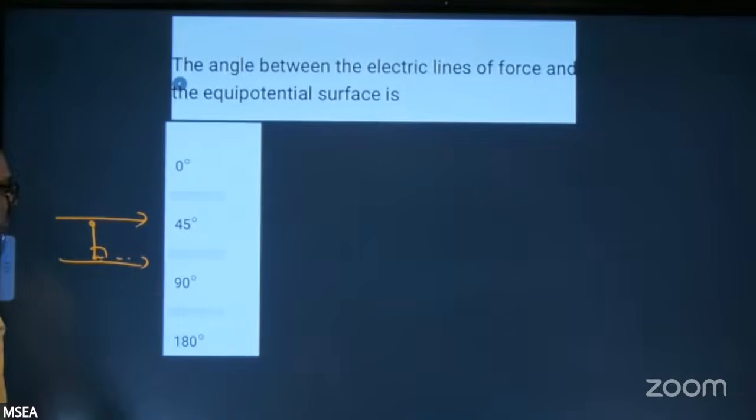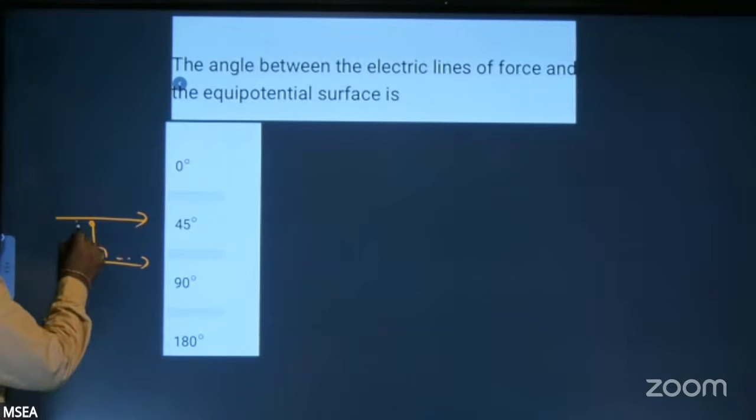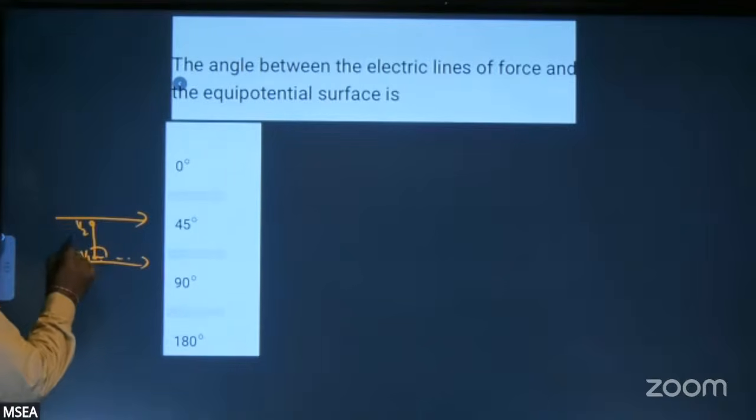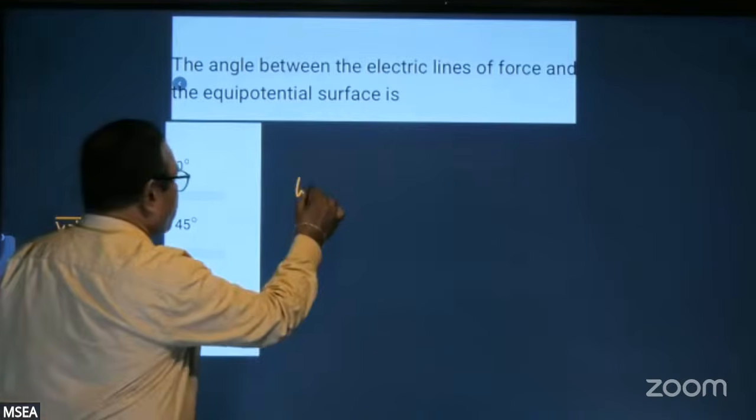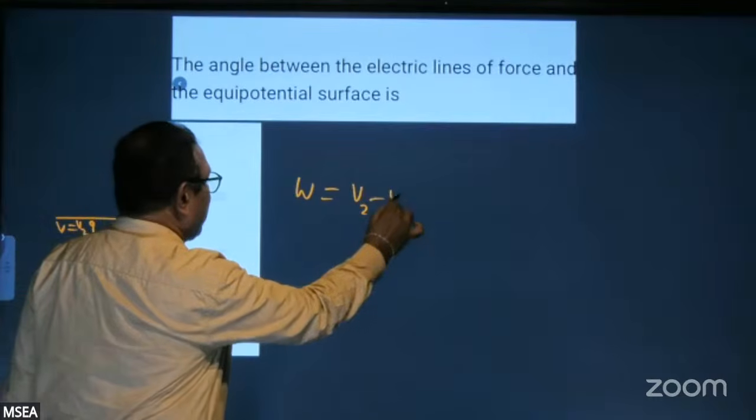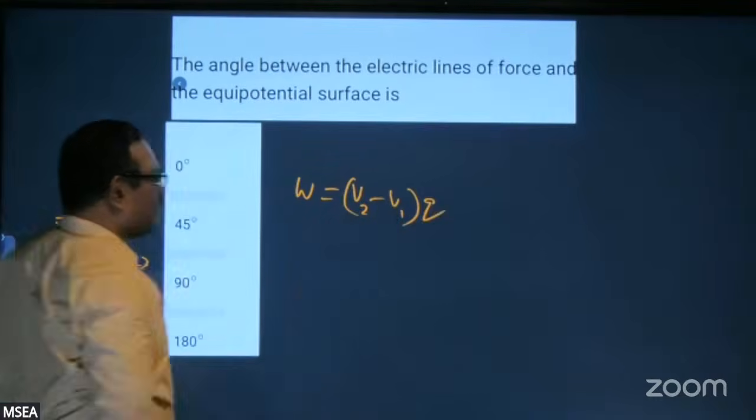Then suppose whenever I ask, this is an equipotential surface, V1 and V2, where V1 is equal to V, V2 also equal to V. What is the work done? Work done means we can write potential difference into charge that is moved.